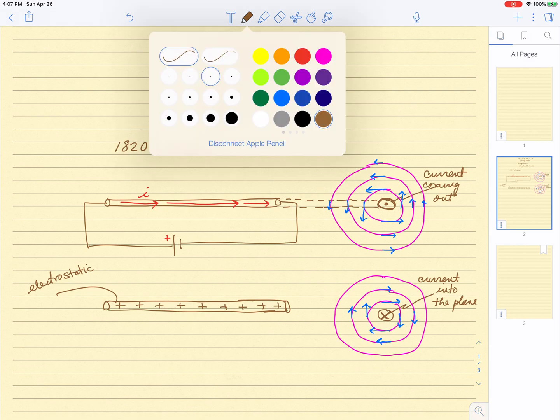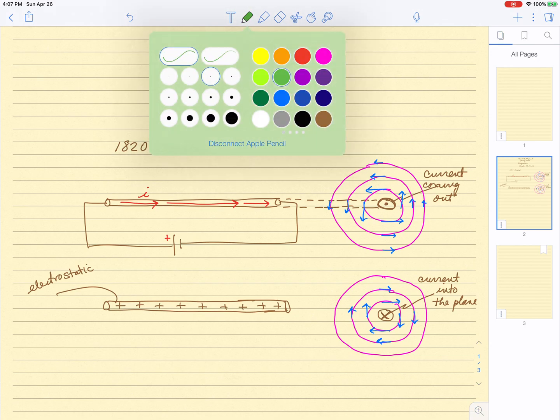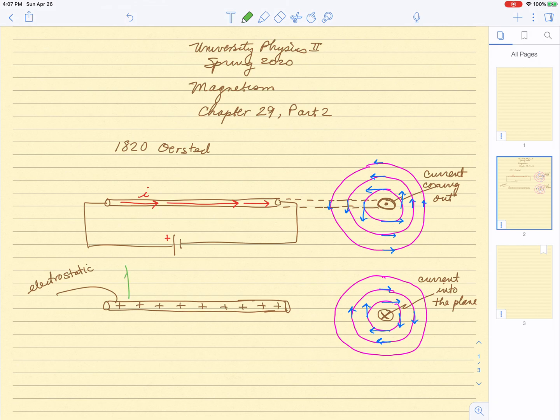You will recall, and we spent some time dealing with this, that the electric field is radially symmetric out from the wire. So this is what it would look like from a side view.